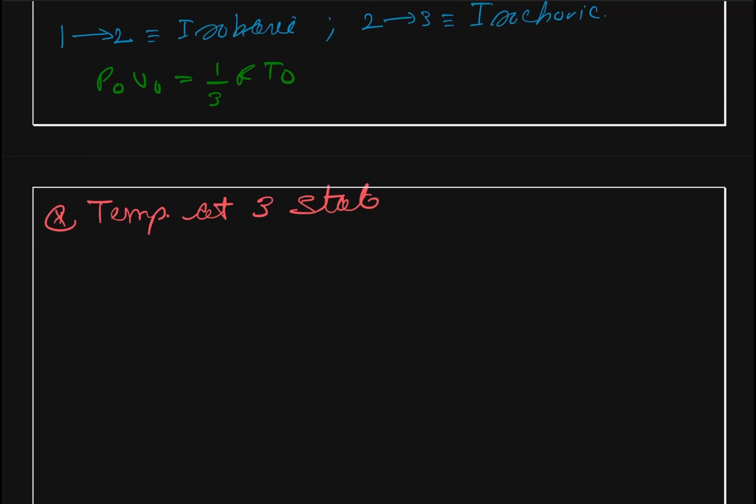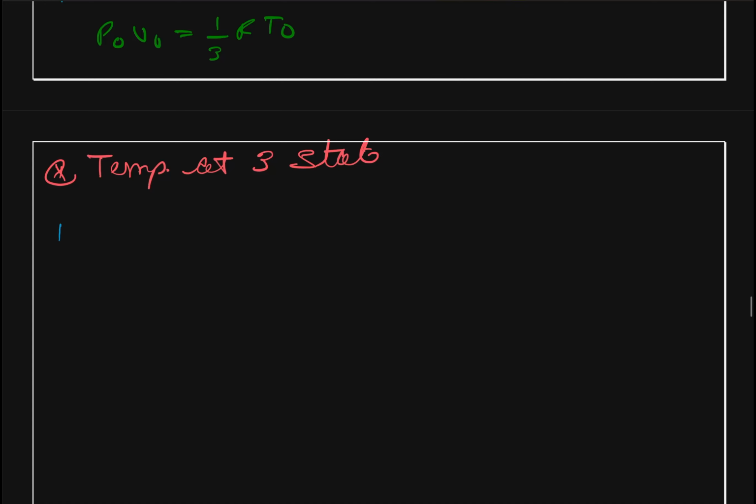First we have T1, which will be equal to P0 V0 upon R, and which will obviously be 1 by 3 T0.